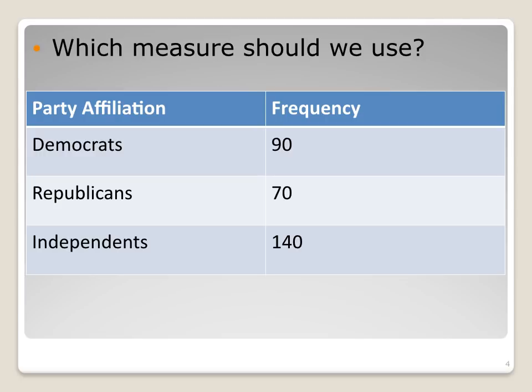So again, which measure of central tendency we use is the one that makes the most sense and is most representative of the data. So in this case, the most appropriate measure to use is the mode, the value that occurs most frequently. So in this example, almost half, or 140 people out of 300, are considered to be independent, or they self-report as being independent.